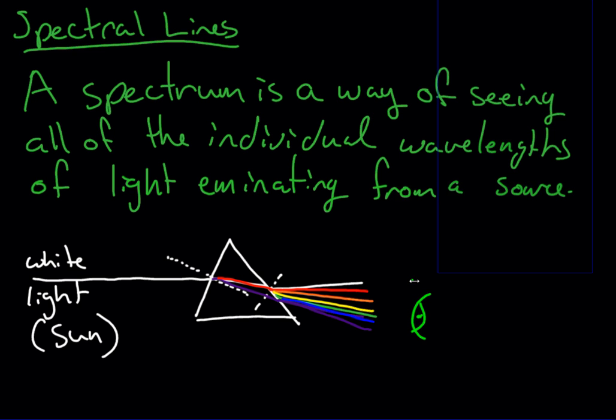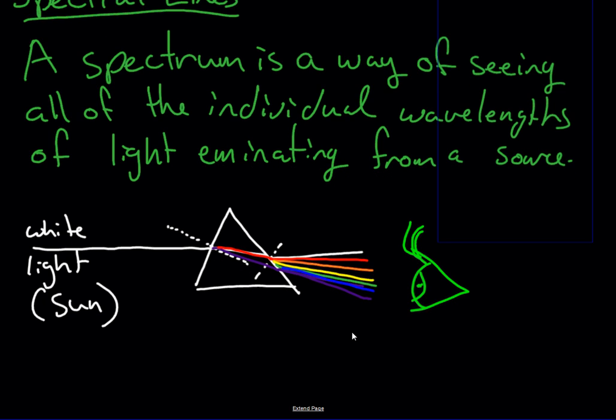So there's your eye. Now, if all of these strike your eye at once, you're just going to see white. So the mixture of all those colors you perceive with your eyes as being white. So the spectroscope that you have there allows you to spread out the light into different wavelengths that all have their own different colors.